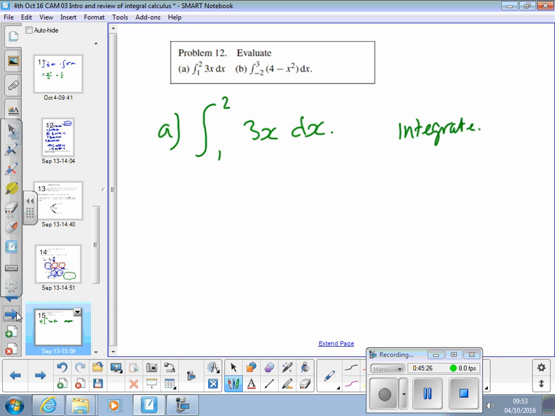So the integral of 3x dx is 3 over 2 x squared, and we don't need to put the constant of integration, but we do need to put our limits in.